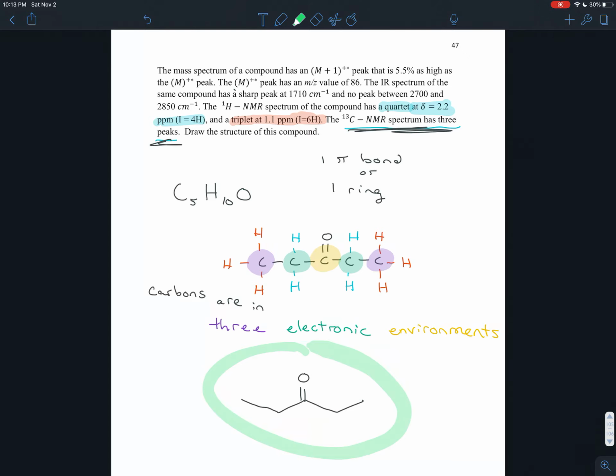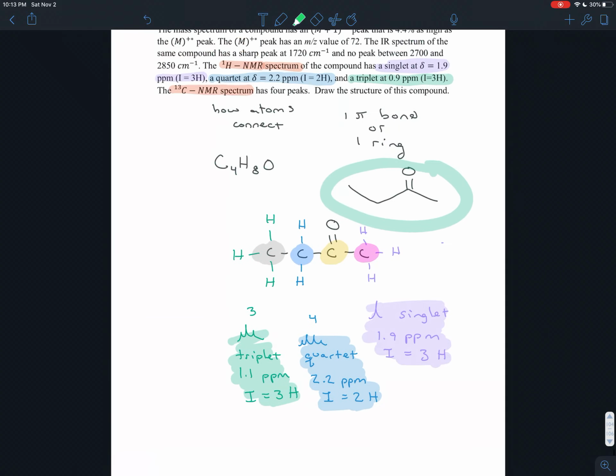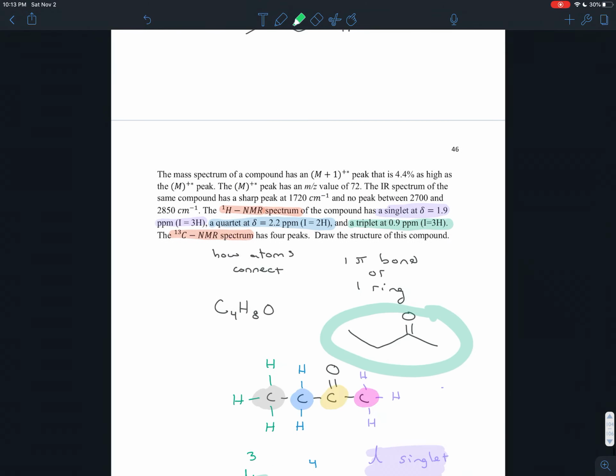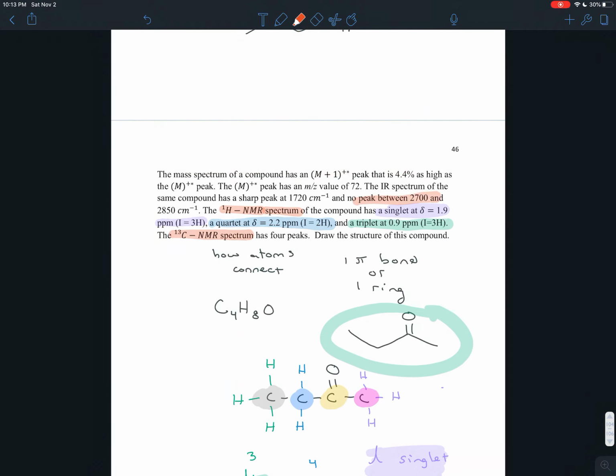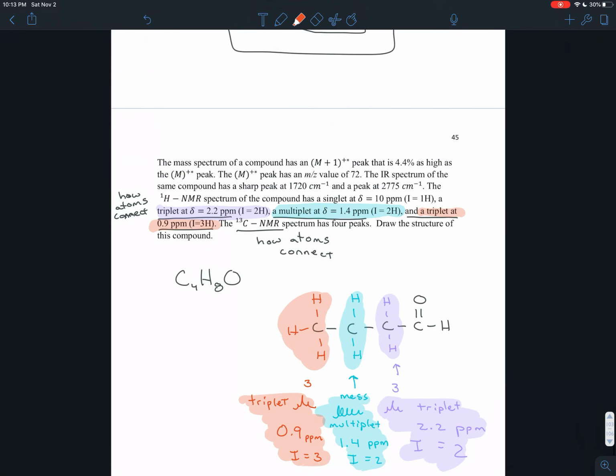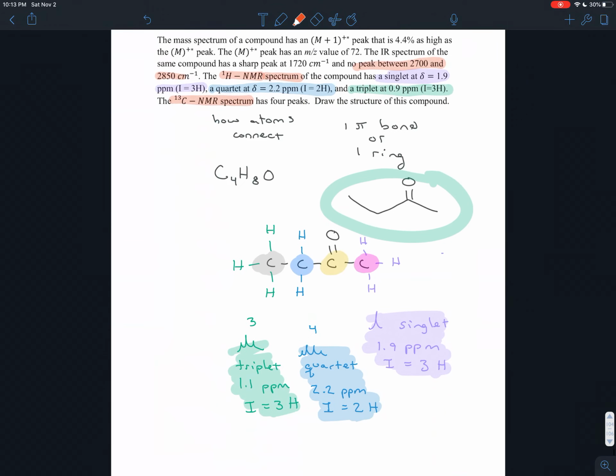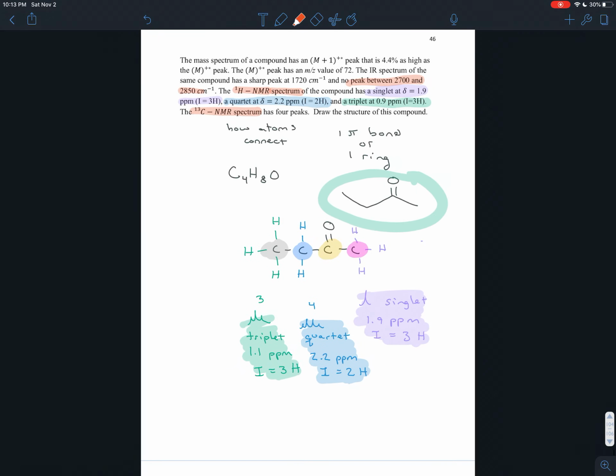Notice that the one difference between these structures, which are ketones, and the previous structures in the previous video, which were aldehydes, is that these structures had no peak between 2700 and 2800, the ketones, whereas the aldehydes had a peak in that range. So hopefully these problems help with figuring out the structure of a molecule based on spectroscopy.